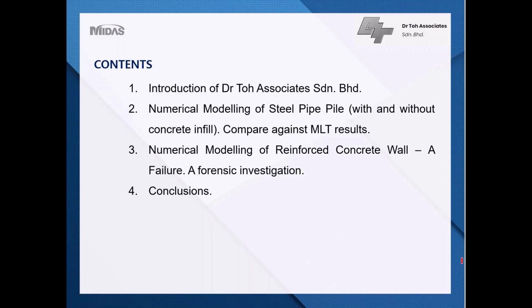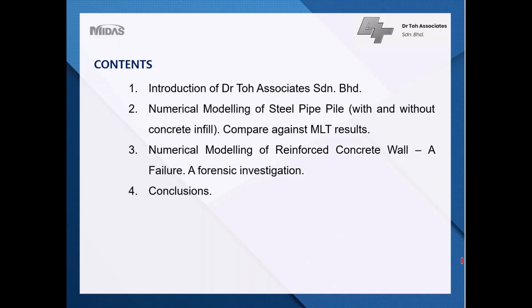The second example will be a numerical simulation of a failure of RC wall in one forensic investigation. These two examples have one similarity. That is, the system has reached some form of failure or yielding.